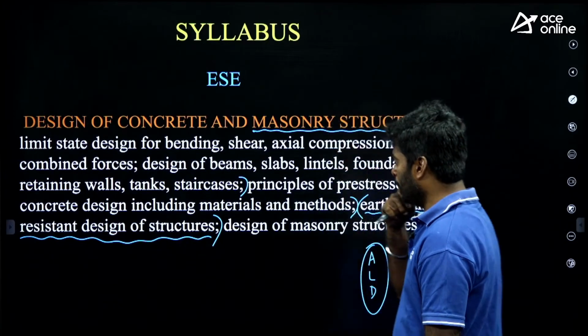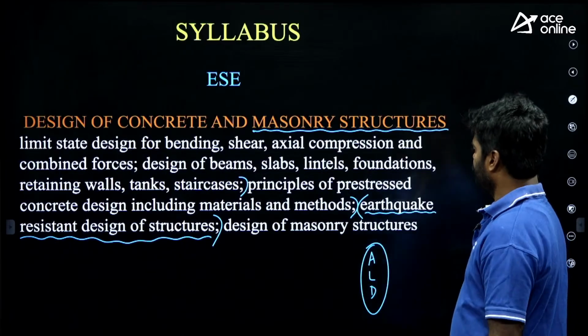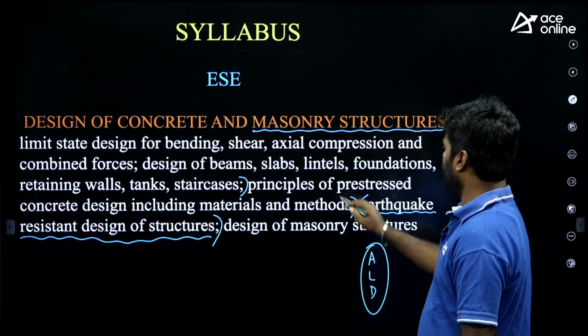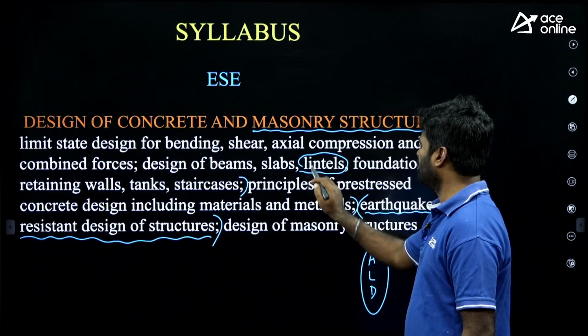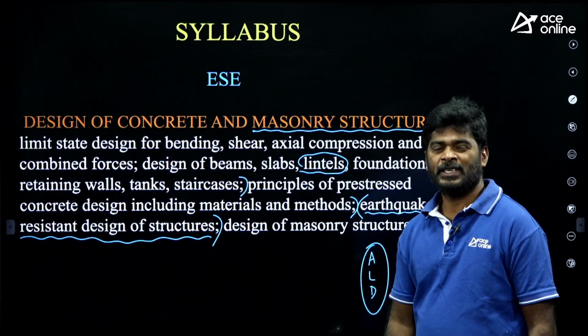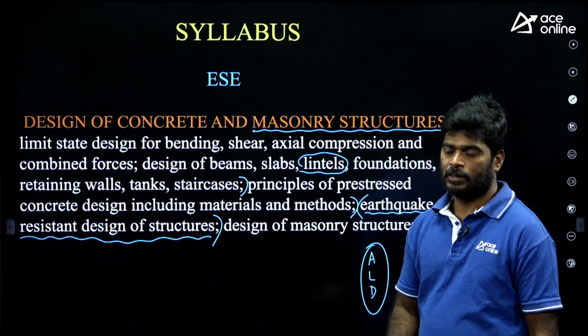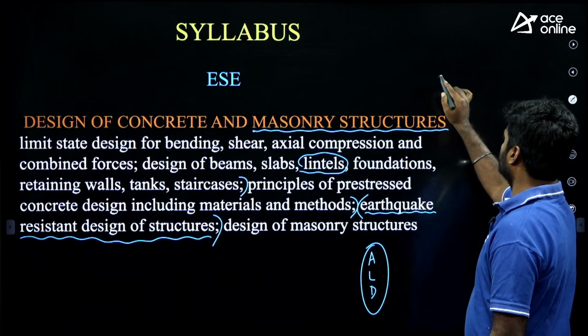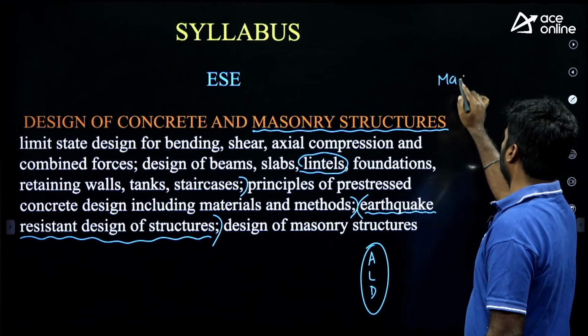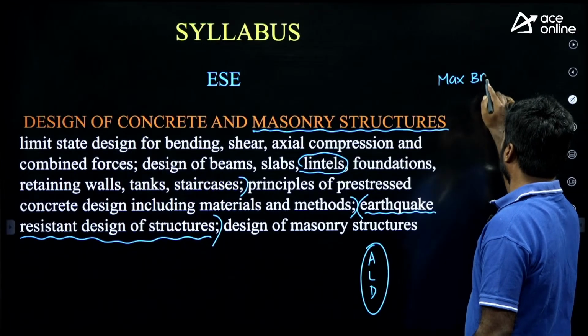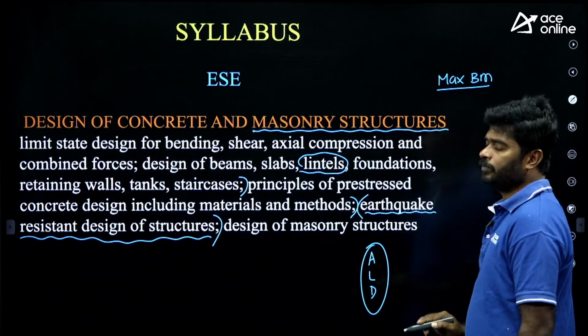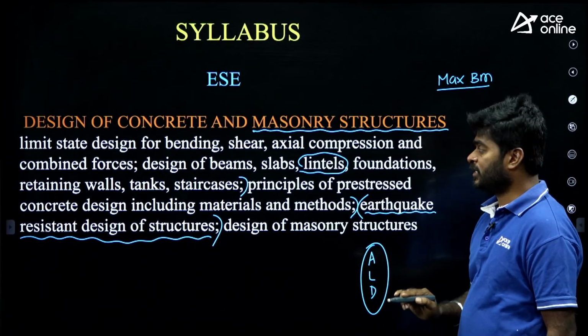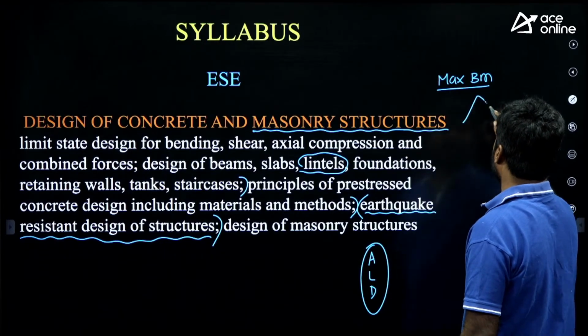Okay, coming to the next, lintels. It is a very small chapter. From this chapter, there is a chance to ask, my dear, 2 questions. One is, what will be the maximum bending moment? After that, there is a chance to ask when arch action is possible.